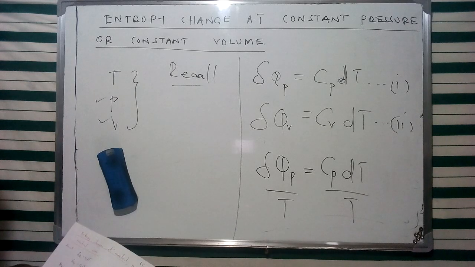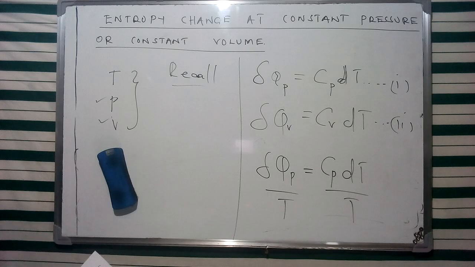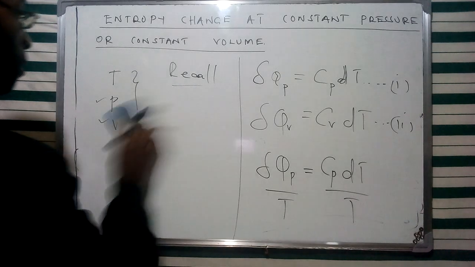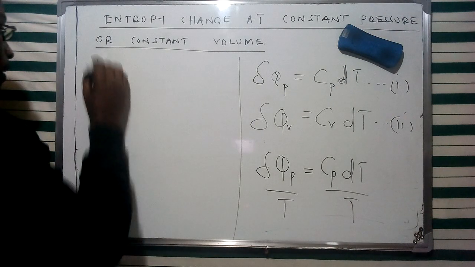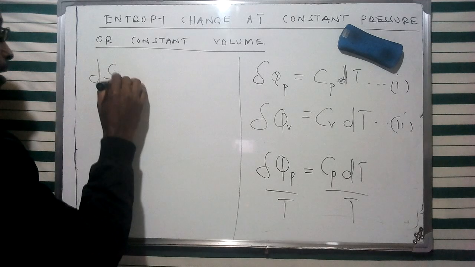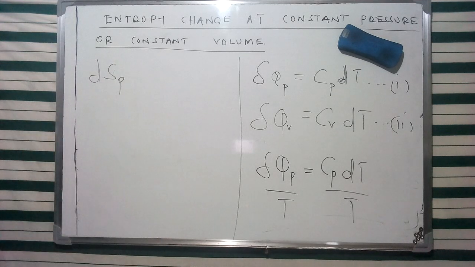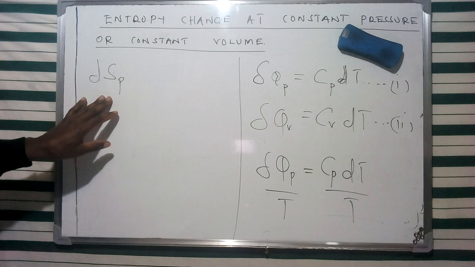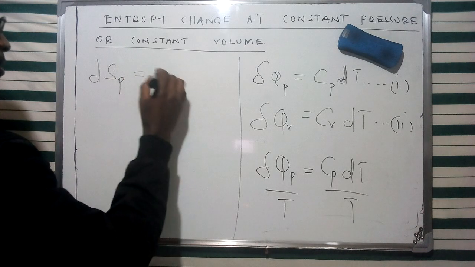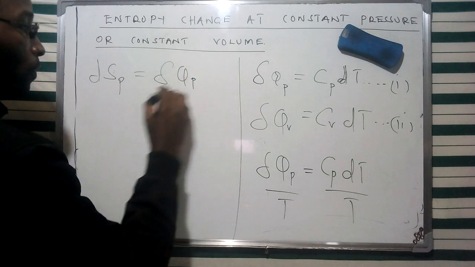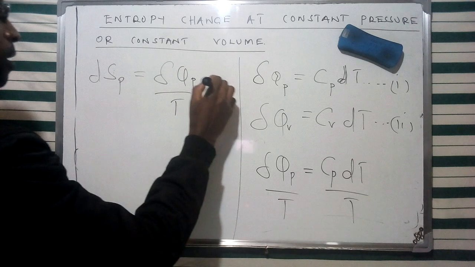So I'm going to give the first representation for the change in entropy at constant pressure, which is going to be given in this specific order. We're going to represent the change as dSp, the change in entropy at constant pressure, which is the ratio between delta Qp all over T. This is going to form our first equation.